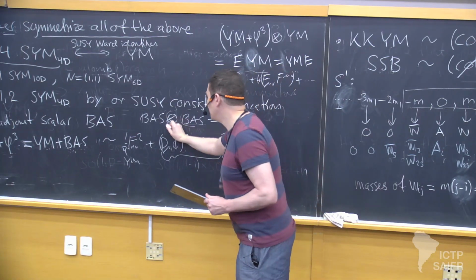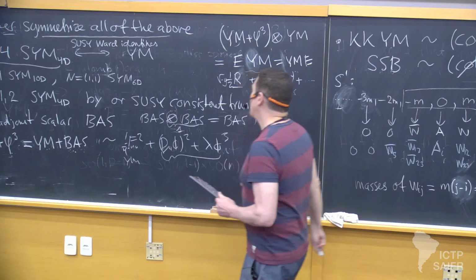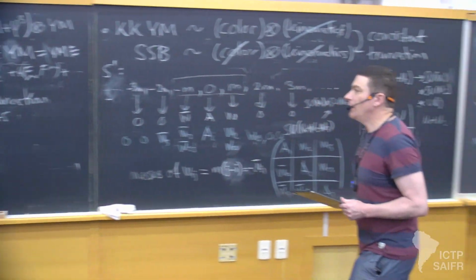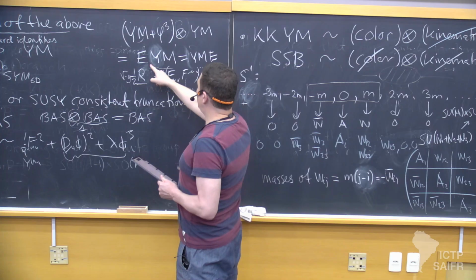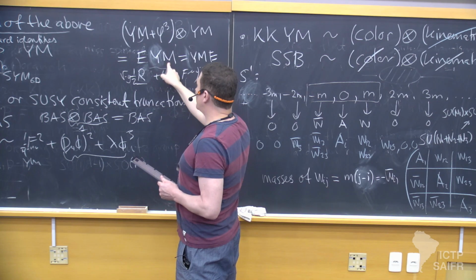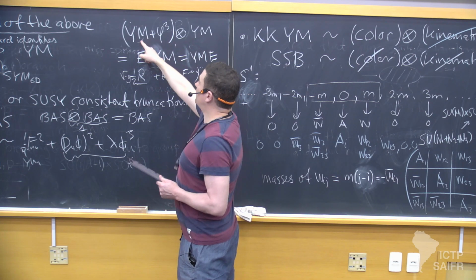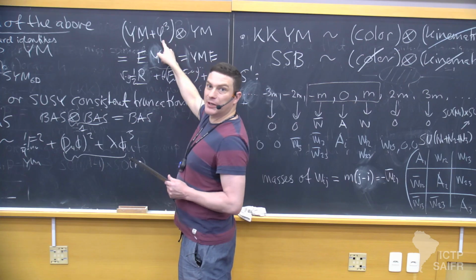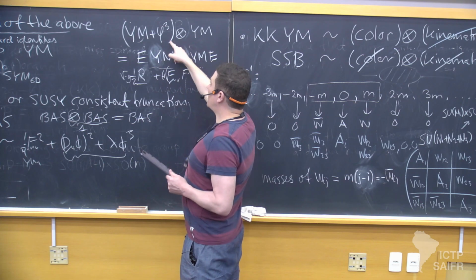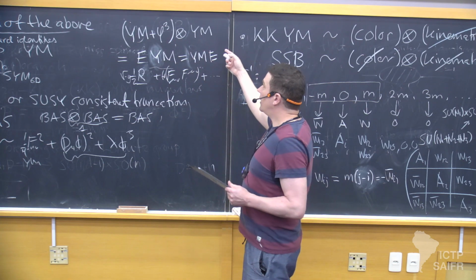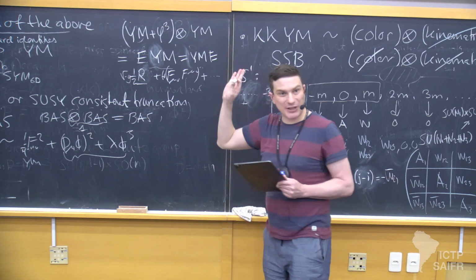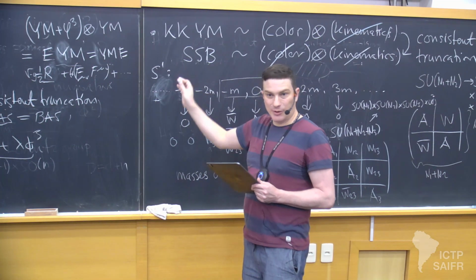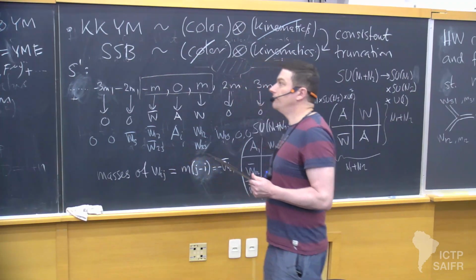Like this is one. And so now you can figure out what you get. You see why we got Einstein-Yang-Mills here, because you get gravity from here, then you get Yang-Mills from here. So essentially, if you put Yang-Mills plus phi cubed twice, then you get two Yang-Mills sectors, and then you get also a bi-adjoint scalar sector.